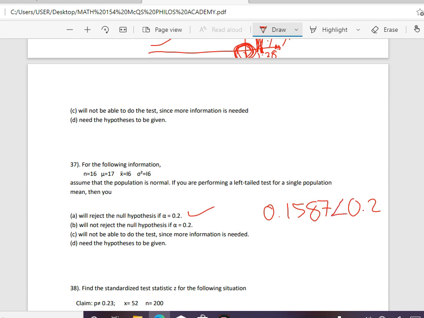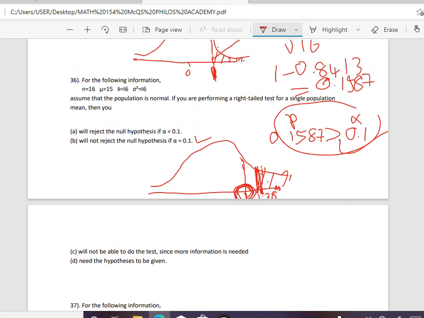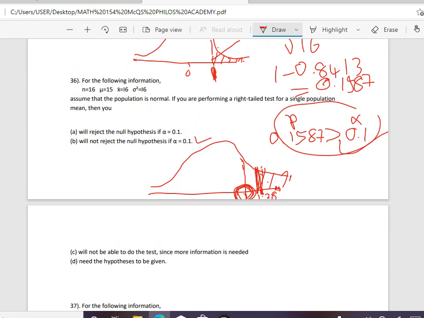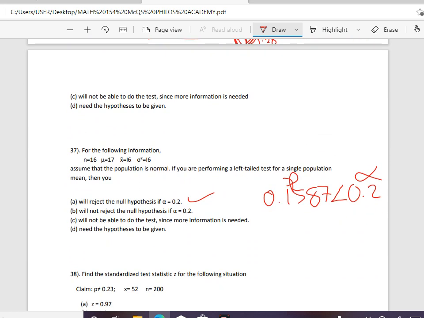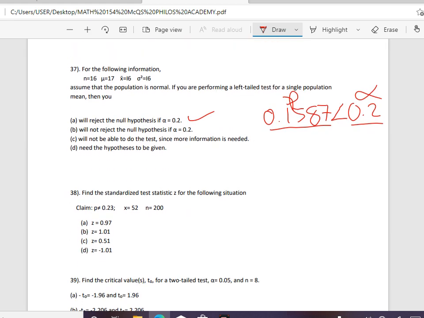You realize that the p-value is less than alpha. Whenever p-value is less than or equal to alpha, we reject the null hypothesis. But whenever p-value is greater than alpha, we fail to reject the null hypothesis. So looking at this, p-value is less than alpha, so we have to reject the null hypothesis. So the answer is A.